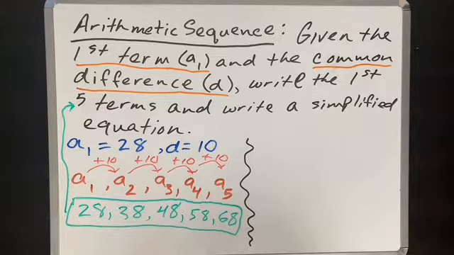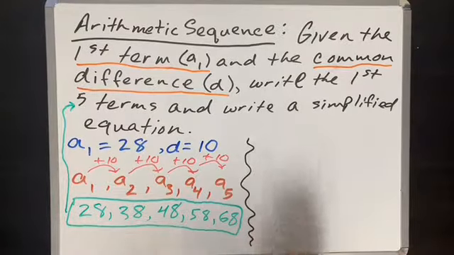All right, looking good. Now, let's prepare to write the arithmetic sequence formula in a simplified form. As we prepare to write the formula, this is the formula. I'm going to write it down.